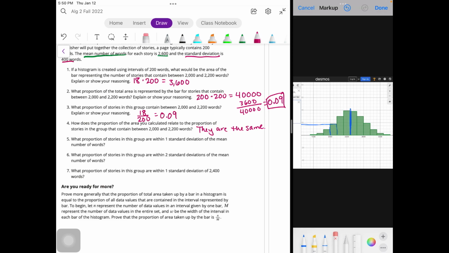And 1 standard deviation away from that, which was 400, would be 2,200 on one side, so that would be here. And then it would be 3,000 on the other side, right? Because you had your mean, which was 2,600, and this one was plus 400, and this was minus 400, okay?